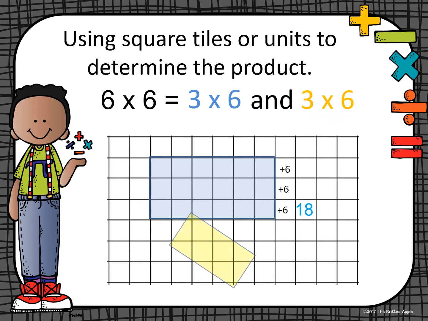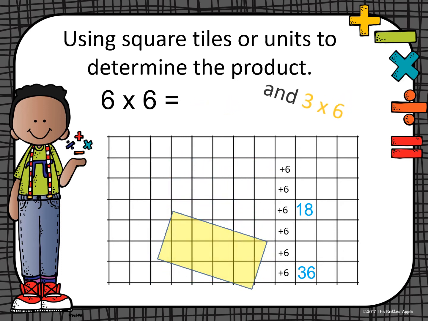So now we're going to add another 3 groups of 6, and we know from the above array that we have 18. So if I add 18 and 18 more, that would give me 36 square units. And we could say centimeters since we may want to use centimeters in this particular case.